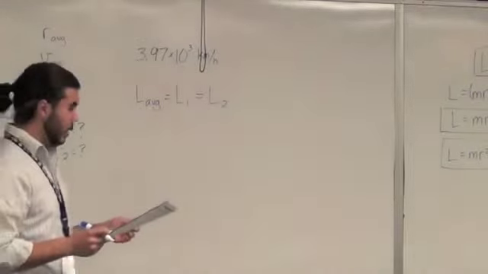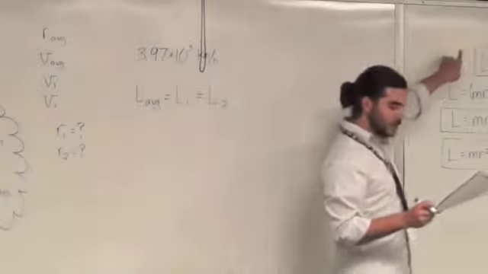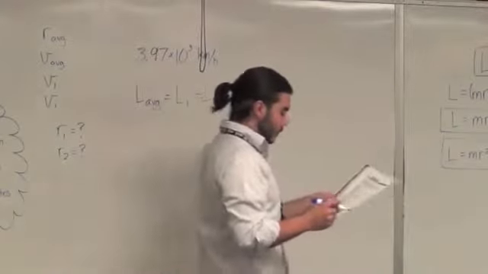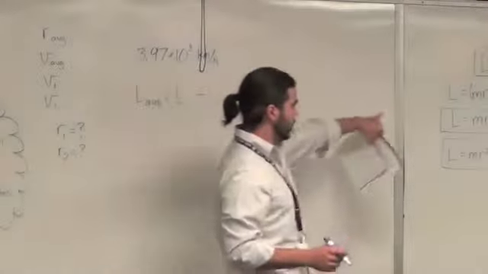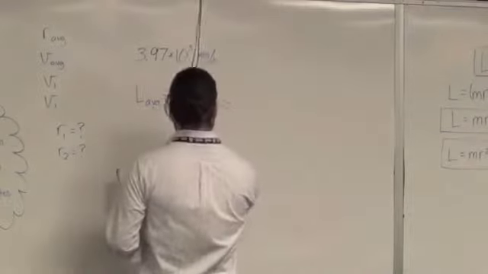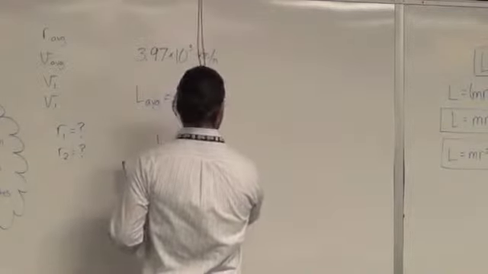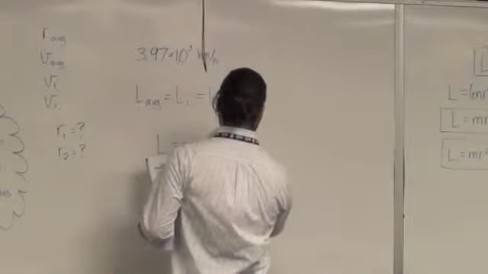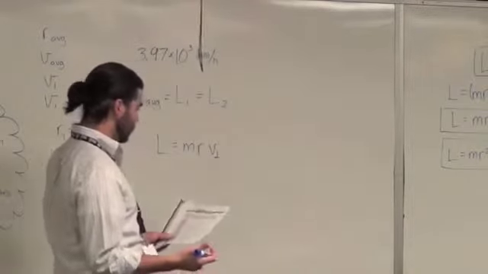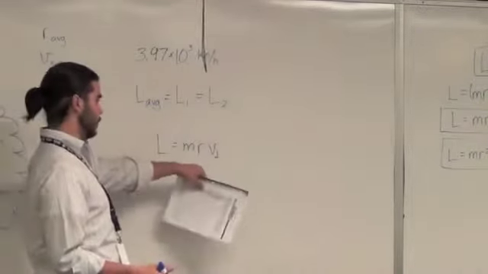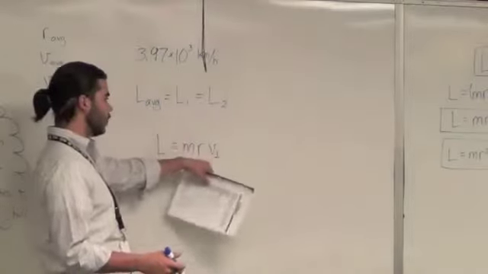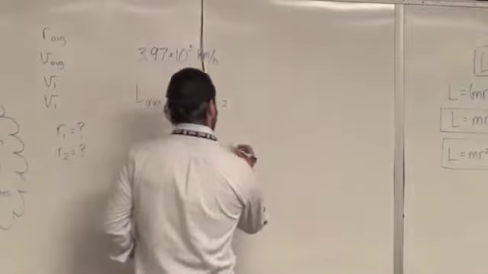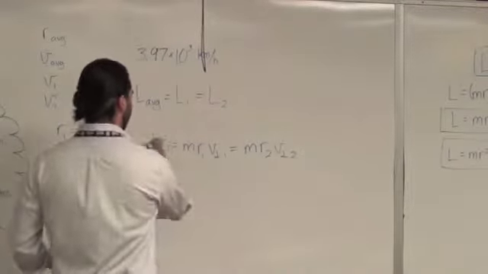They're just substituting into this equation, pretty much the same thing I did here to end up with L is equal to M times R times V tangential. That's going to be true whether you're doing this for V1 with R1, V2 with R2, or V average with R average. So you can set those equal to each other. For any of these states, the angular momentum is always going to be equal.